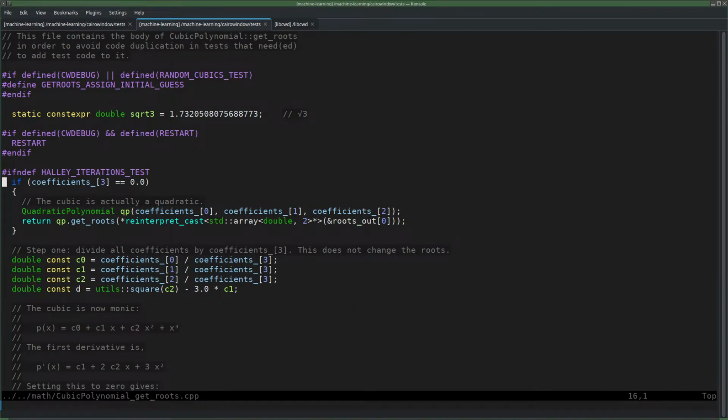Now I could still start the same way I do now, which then finds the large root first.